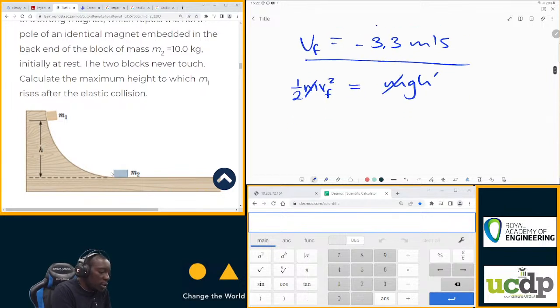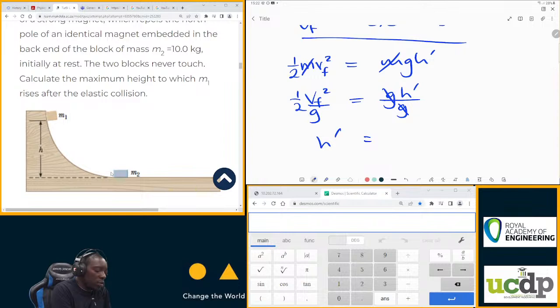That new height is half VF squared equals g h prime, so we divide by g on both sides.